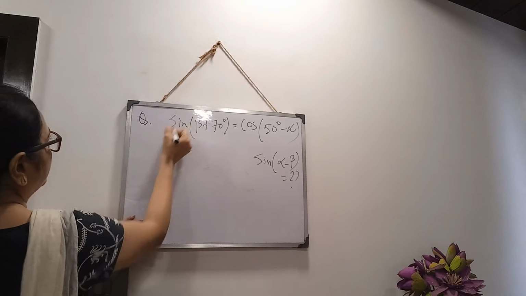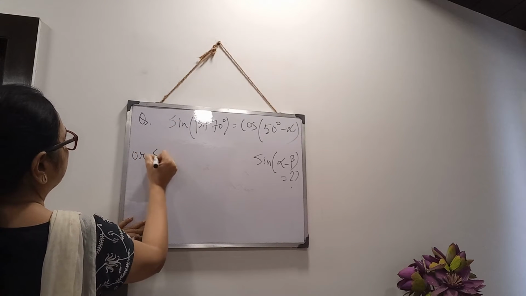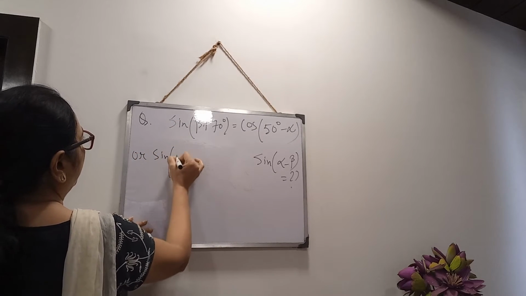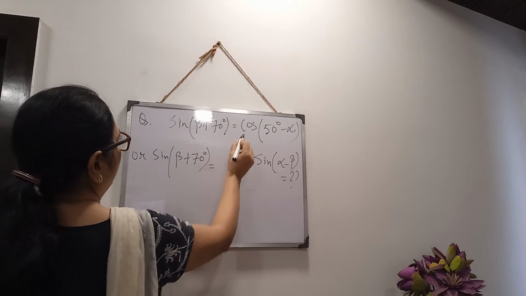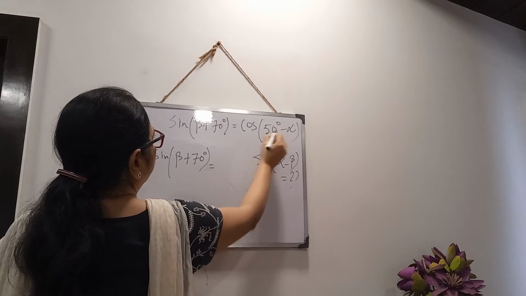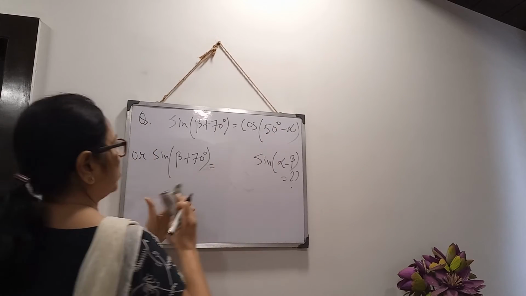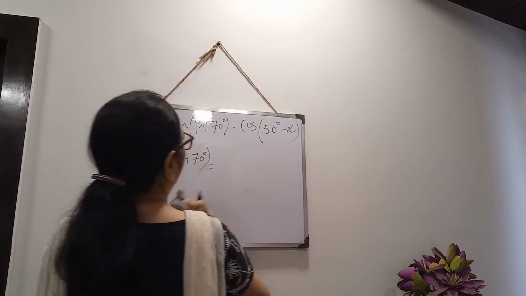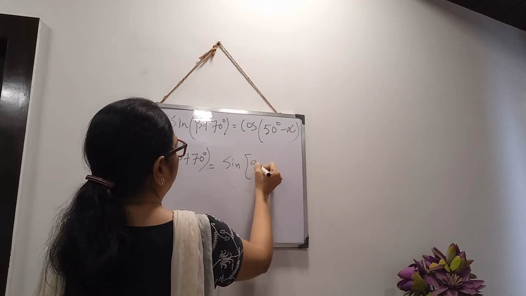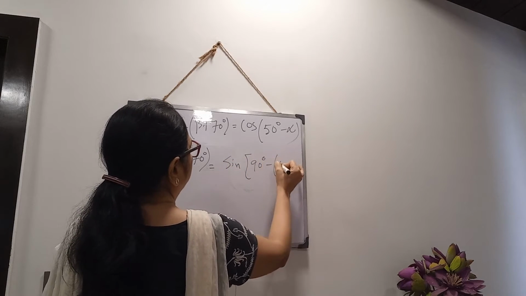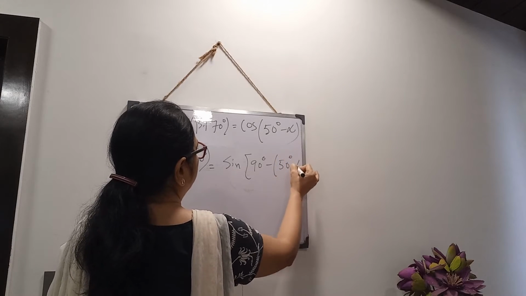Clear? So from here we can write sin (beta plus 70 degree) equals cos theta means sin (90 minus theta). Clear?